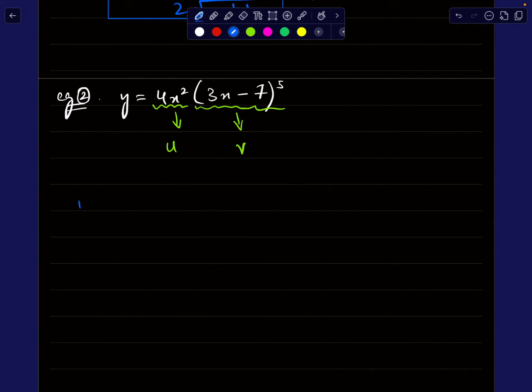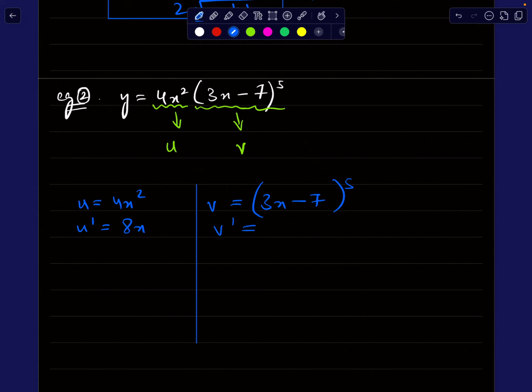So u is 4x squared. U prime is going to be 8x. Similarly, v is 3x minus 7 to the whole power 5.